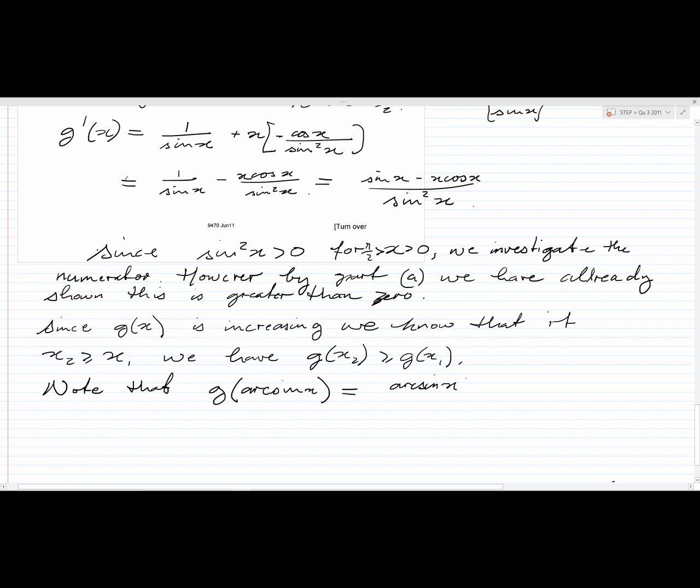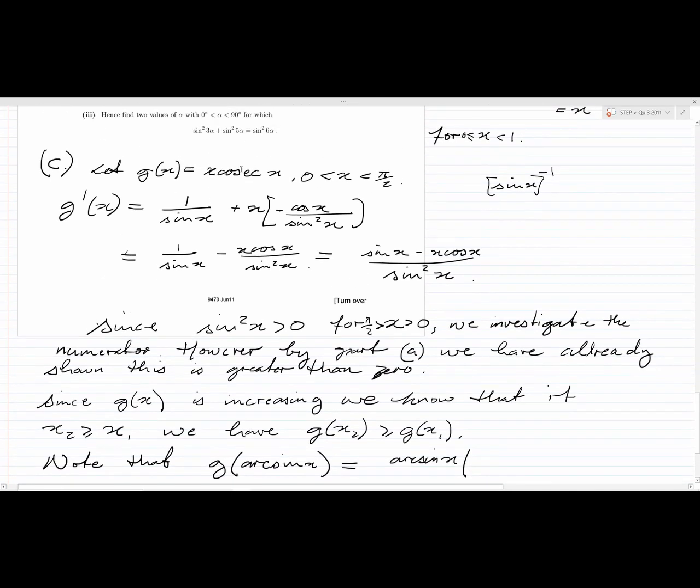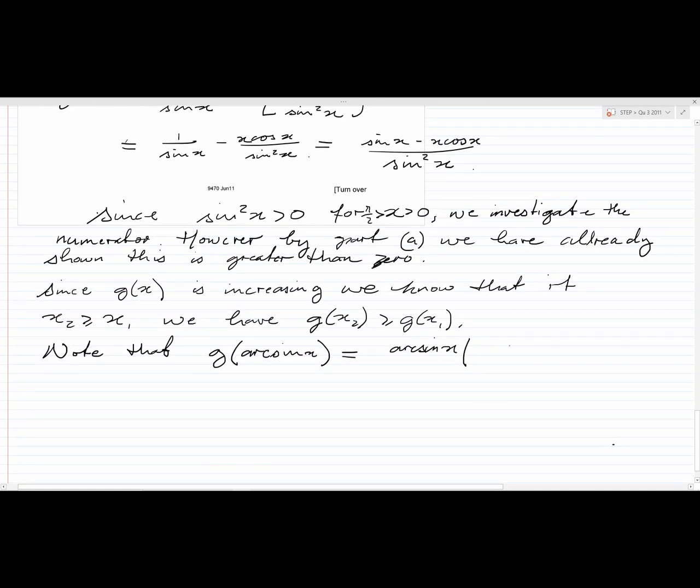Then we have to compose it with cosec x. Well, cosec x is nothing but 1 over sine x. But this is exactly what we want, because arcsine x is the inverse function, meaning it will undo sine and vice versa. So what we get is exactly what we want to show, which is arcsine x over x.